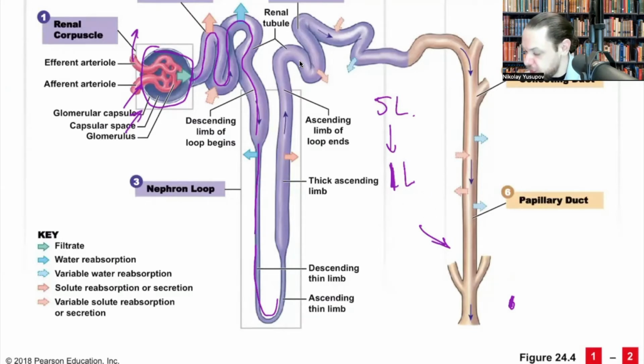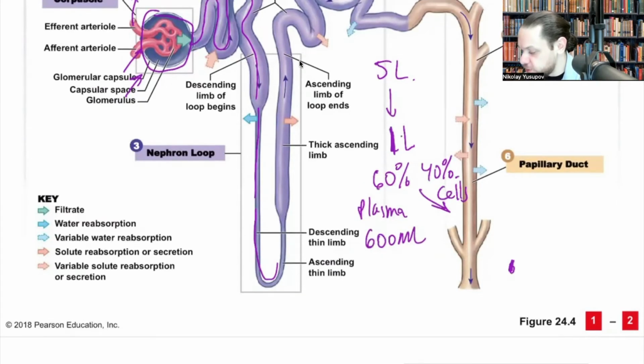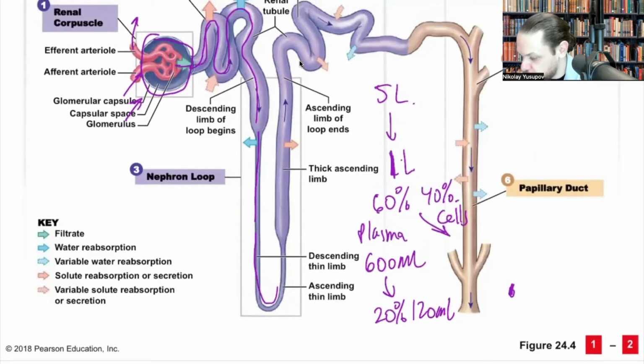So the makeup of 1 liter: 60% was plasma, and 40% was cells. Then 60% of 1 liter is 600 ml, and out of the 600 ml, another 20% would be about 120 ml. That's going to flow through here, and then the remainder gets filtered and all that.